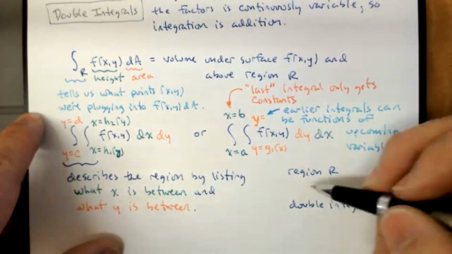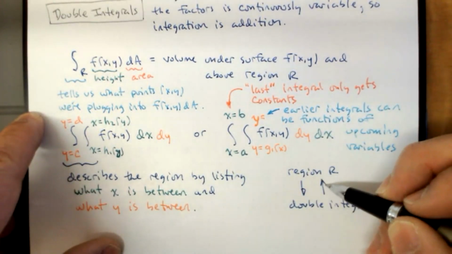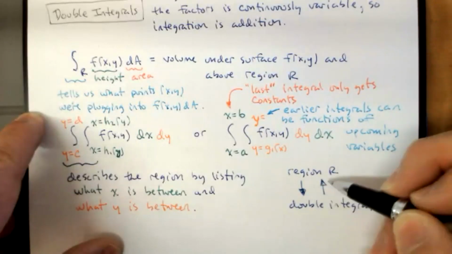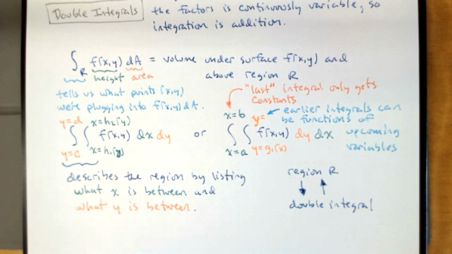If I give you a region, you have to describe the double integral. If I give you a double integral, you have to be able to describe the region. Once we have the double integral set up, we would presumably calculate it. So let's describe some regions.